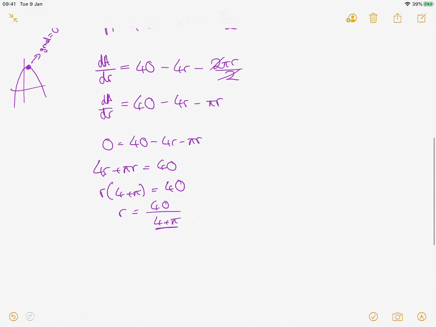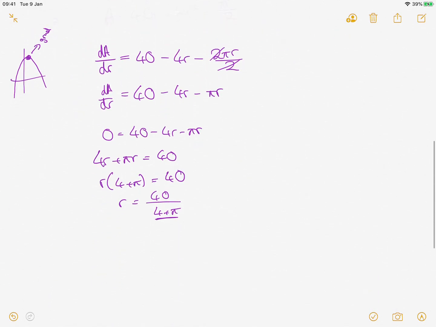So let's just make sure it is a maximum, so we can differentiate again. I might have got the notation a bit wrong. It might be d squared A over dr squared. So I'm finding the second derivative now, which is minus 4 minus pi.